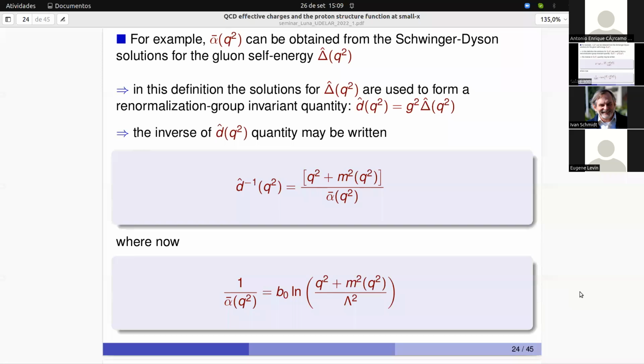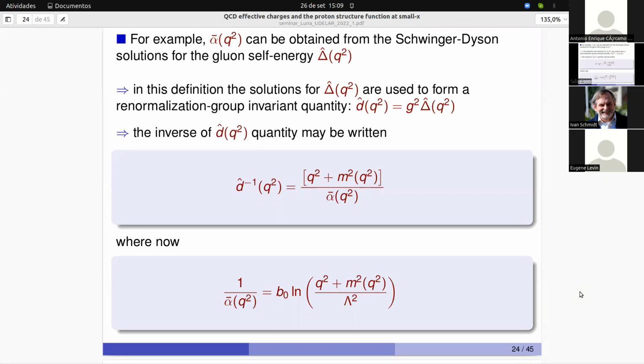This can be written in this form, the most general form that I can write. Then take the inverse of this renormalization group invariant quantity, and when you use this, you see that your charge has exactly this behavior here. This is in leading order.